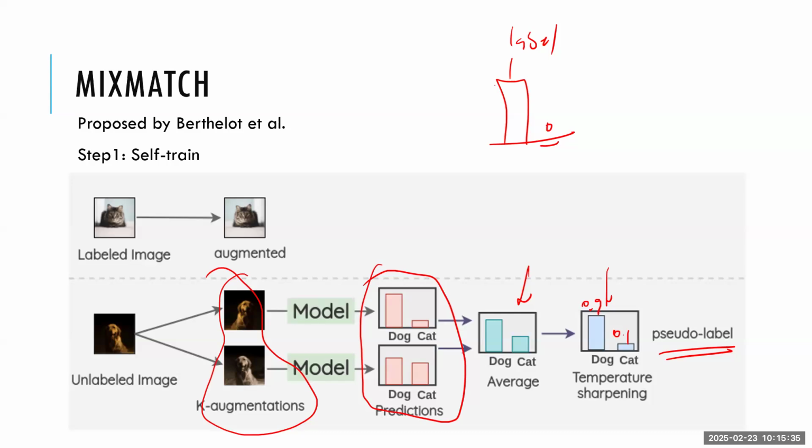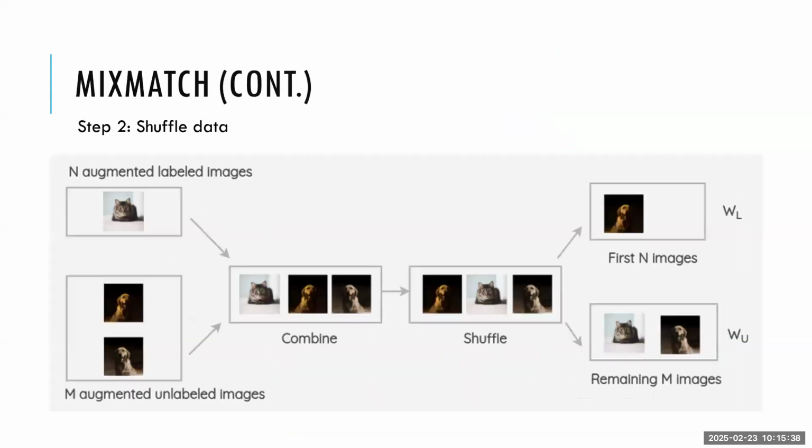After the self-train, what we do is data shuffle. What is the data shuffle? Basically, we have N augmented labeled images, and we have M augmented unlabeled images. So we augment both labeled and unlabeled, and then we combine them.